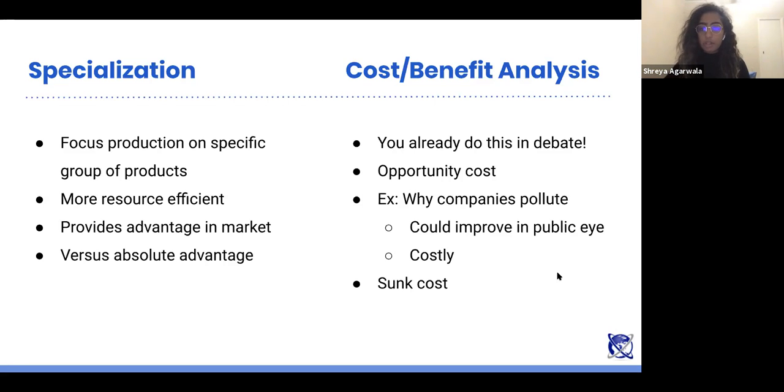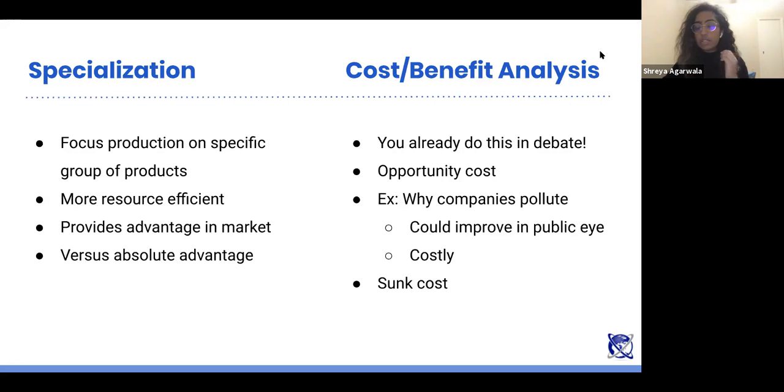Additionally, this also applies to countries. So if you're in a country where there is, for example, copper, and another country does have a lot of copper, then you can really focus on producing steel products because that's what you have most access to, being most efficient for your specific country.